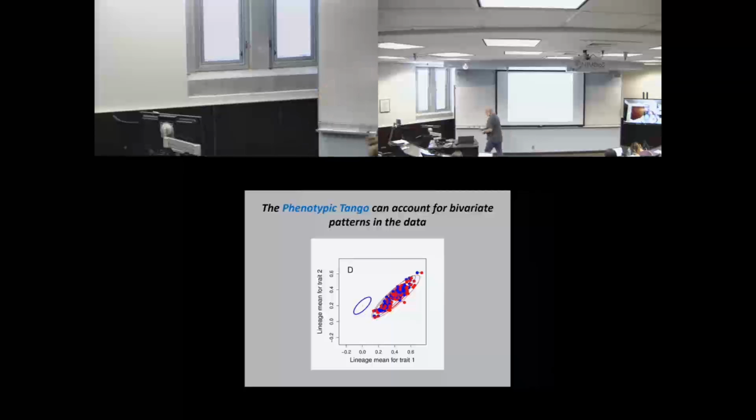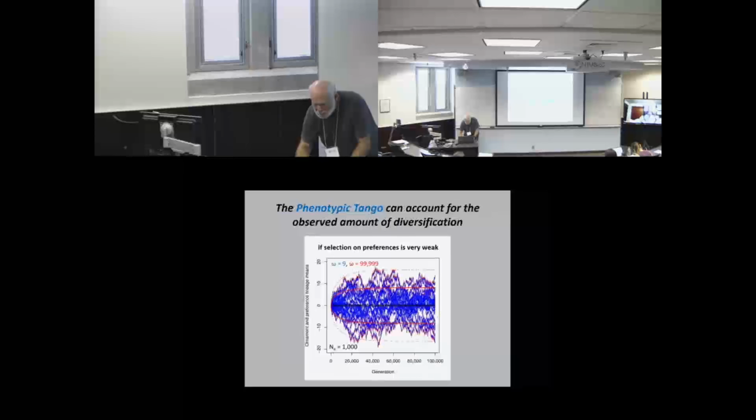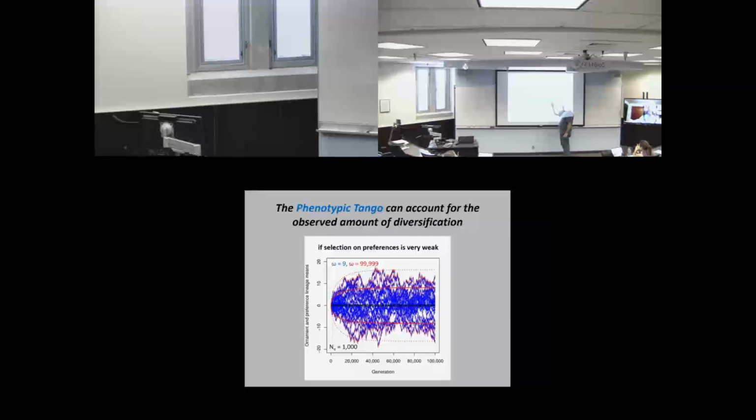Let me show you the next slide, and then I'll make the connection. All right, here's a simulation with our phenotypic tango model. What I've done here is just superimpose the evolution of the ornament mean and the preference means in a single dimension.